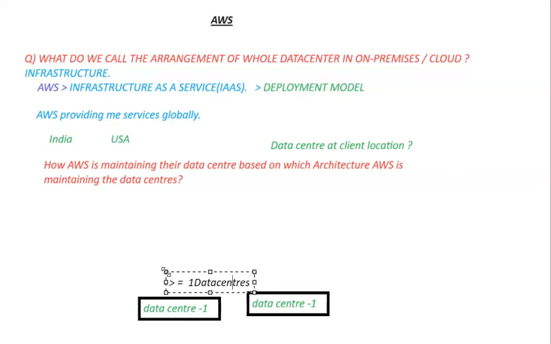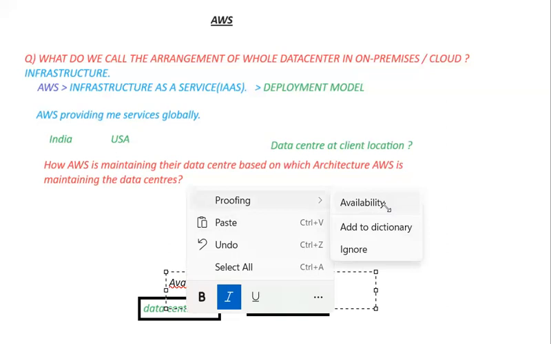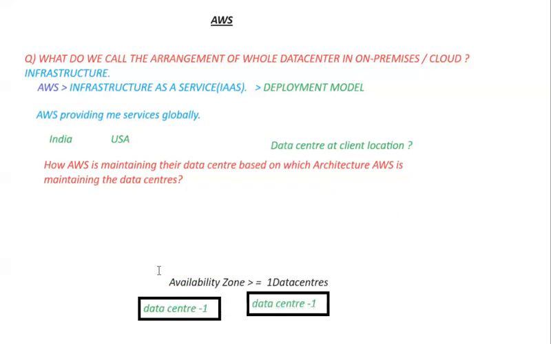So AWS maintains at least one, and more than that will be maintained by AWS in a single availability zone. Now in a single availability zone, more than one data center is maintained by AWS.